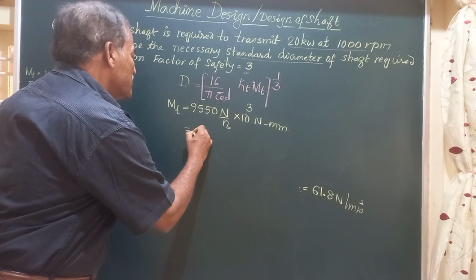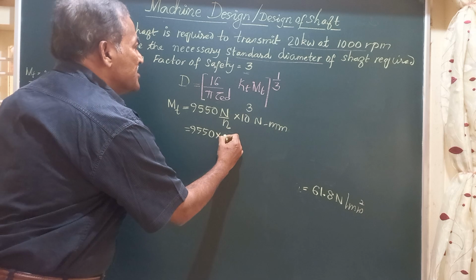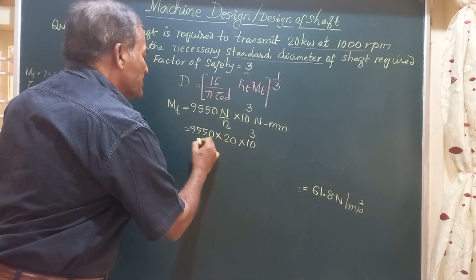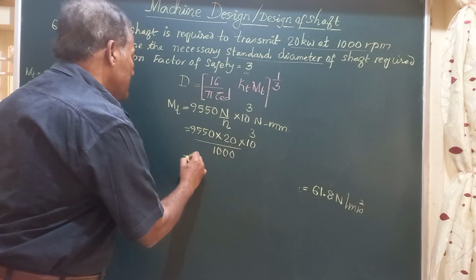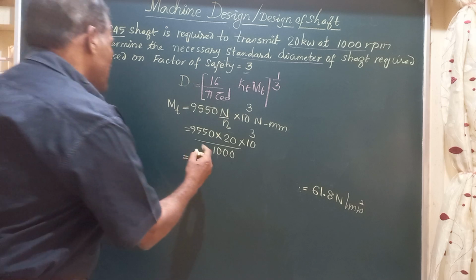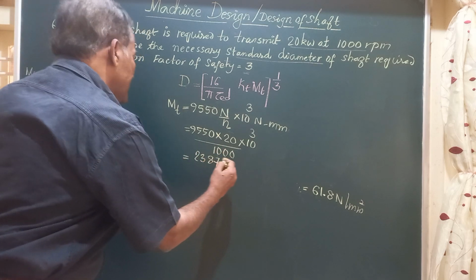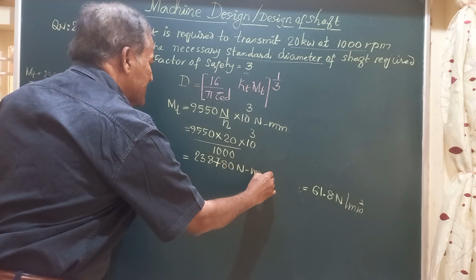So this works out to 9550 into power 20 multiplied by 10 to the power of 3 divided by 1000. Friends, if you simplify, you get this value as 238780 Newton millimeter.